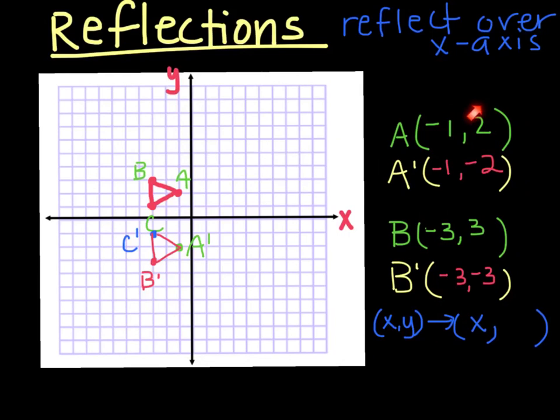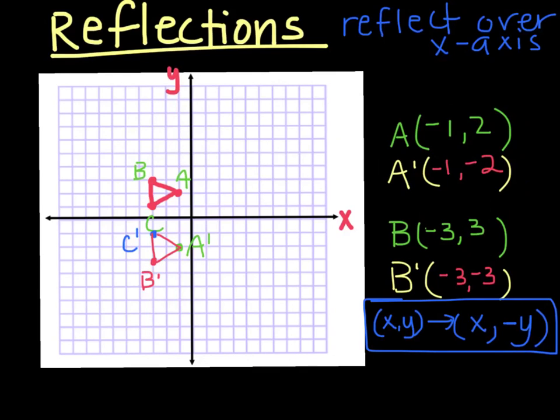Well, if you look here, it was 2, and then in the new one, it became -2. The B, it started out as 3, and then it became -3. So they just became opposites. So that means I'm going to write it like this, -y. The y-coordinates became the opposite. Remember that negative sign can mean opposite. So this would be my rule for a reflection over the x-axis.